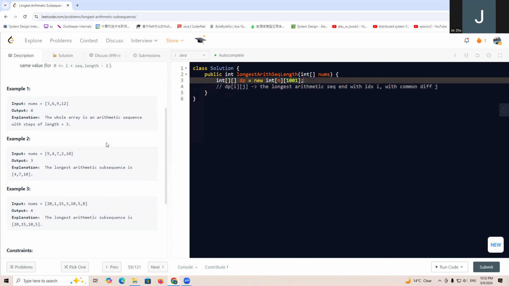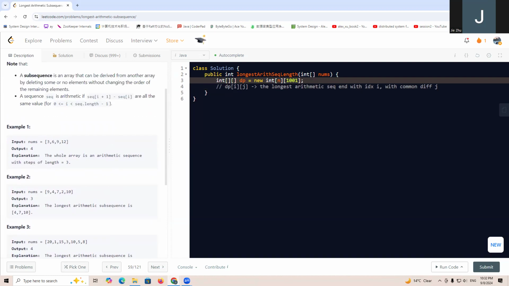So let's look at how to do the transformation.